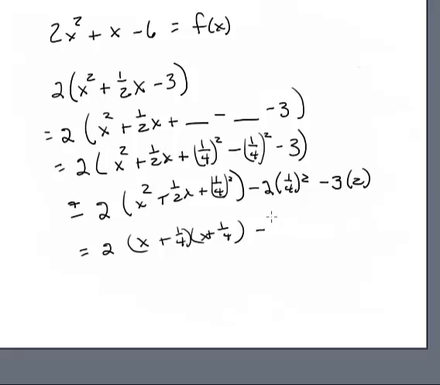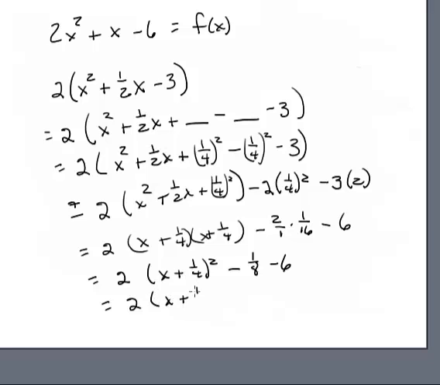So this is minus 2 over 1 times 1 over 16 minus 6, which is 2 times (x plus 1/4) squared, minus 2 times 1 over 16, 2/16, which reduces to 1/8, minus 6. So 2 times (x plus 1/4) squared minus 6 and 1/8.